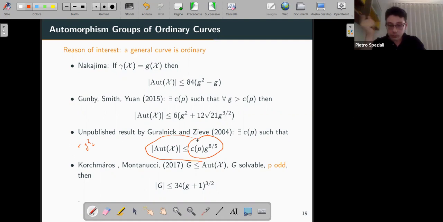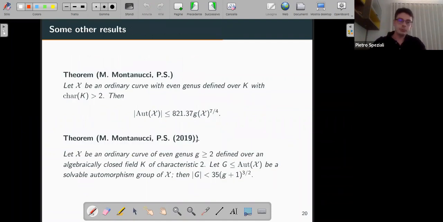Well, for solvable groups, we know that the bound is tighter. It's (g+1) times 34 g to the 3/2. This is a result by Korchmáros and Montanucci, and this is not in characteristic 2. But for the even genus case, we actually did something better, because for even genus we have control over the possible structures of the group.